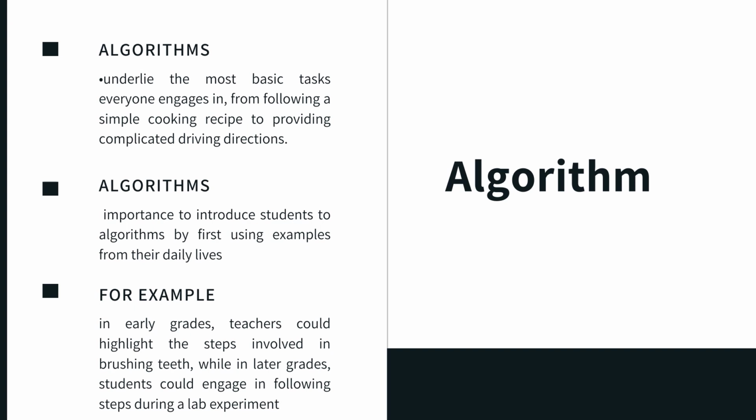So, once again, algorithm is a step-by-step process. You teach your early grades students how to brush their teeth, for example, step by step. This is the meaning of algorithm to them. How to use a lab, how to use the tools in a lab, how to put chemicals together. This is another example of using algorithms.